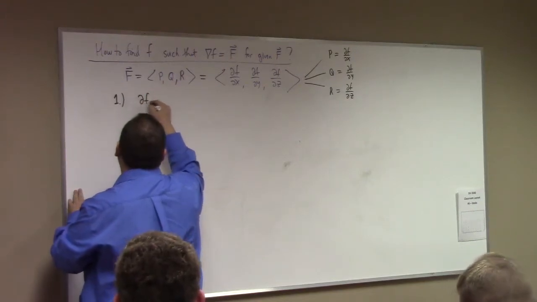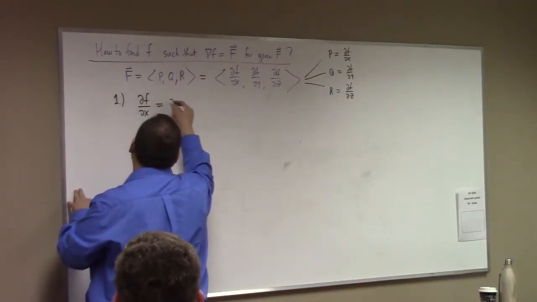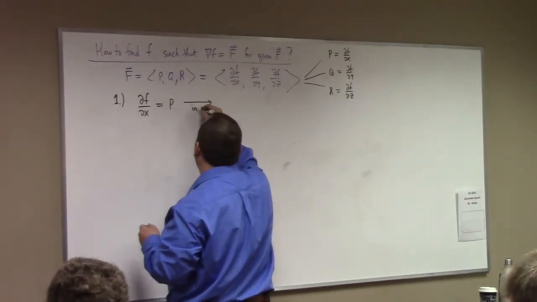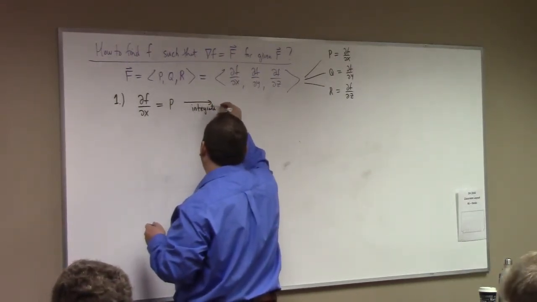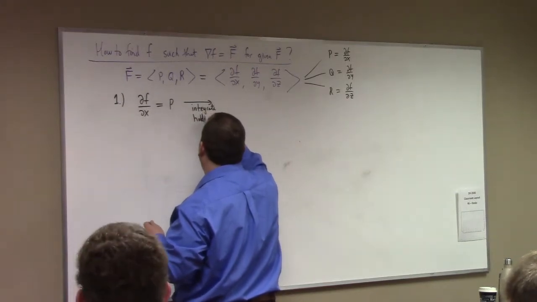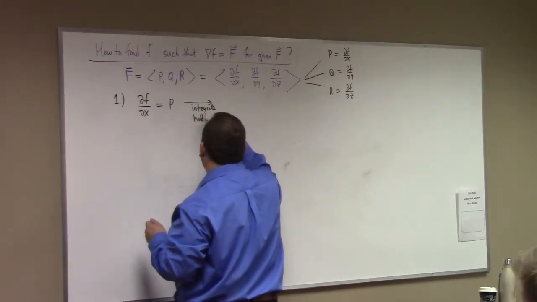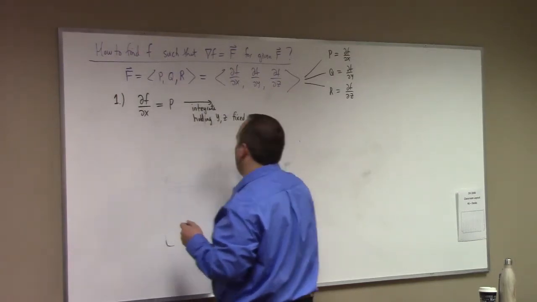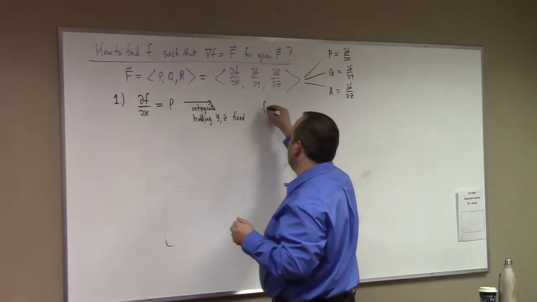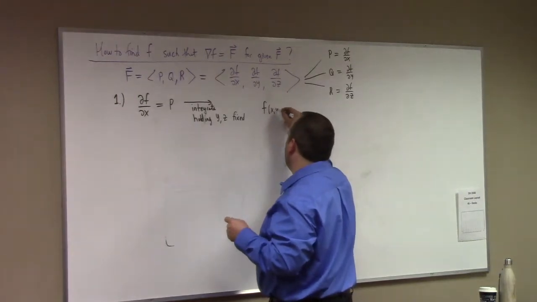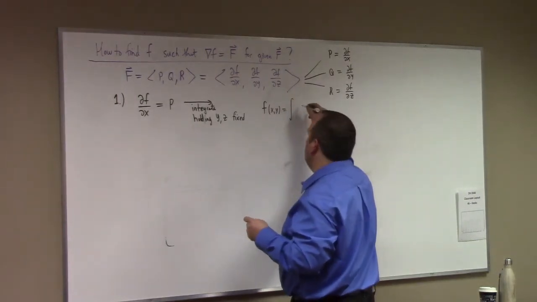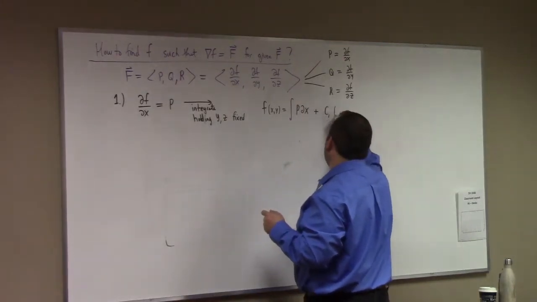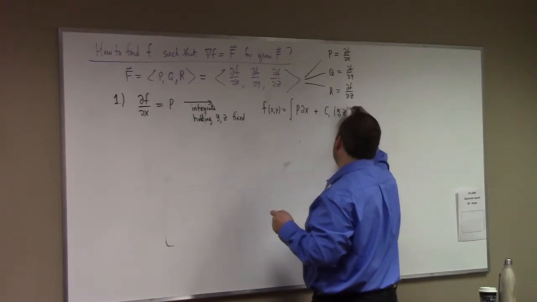So to solve partial f partial x equals P, what we do is integrate, holding y and z fixed, right? So essentially this gives us little f of x, y is equal to the integral of P partial x, you could say, plus some c1, which is a function of possibly y and z.